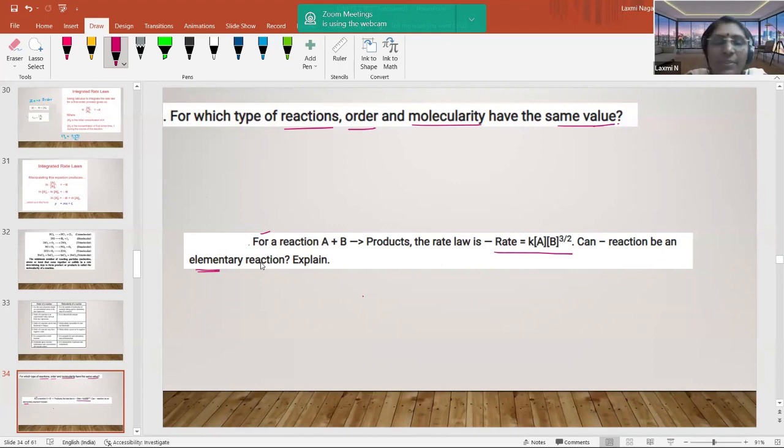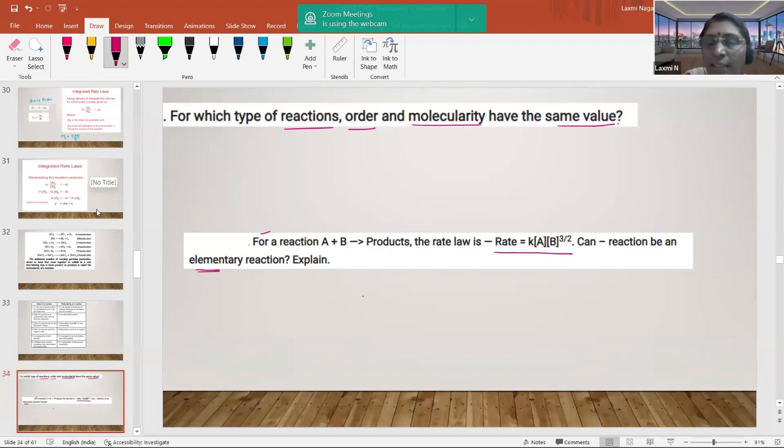How would you justify the answer of this question? What did I just now say? We were saying that the sum of the coefficients of the rate determining step will be equal to the order and the molecularity in 99.9% of cases.